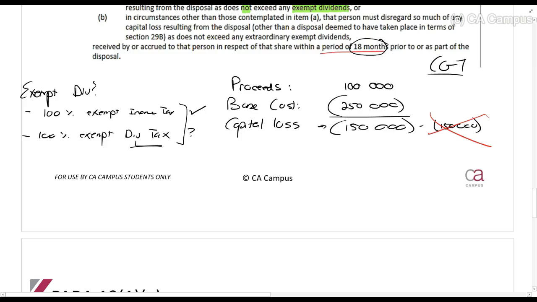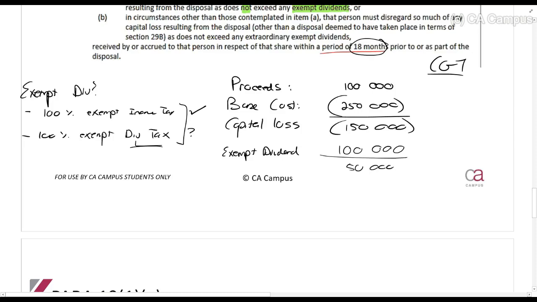This capital loss of 150,000 rands, you will then compare it to your exempt dividend. And only the amount which is more than the exempt dividends will be allowed. So let's say your exempt dividend was 100,000 rands that you received, then your capital loss is 50,000, and that amount can be claimed.